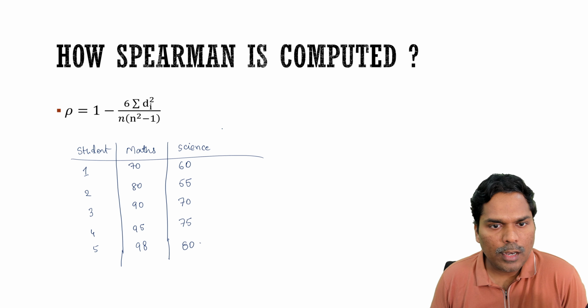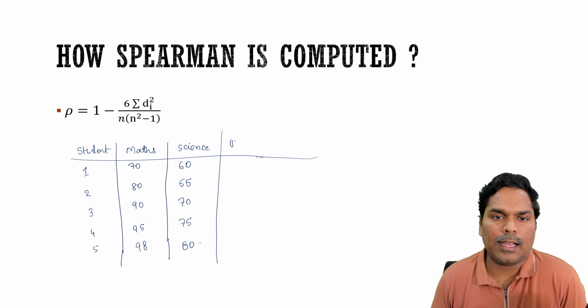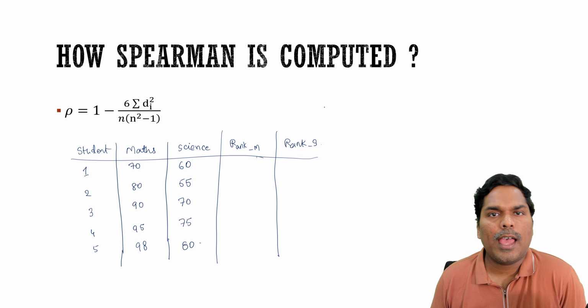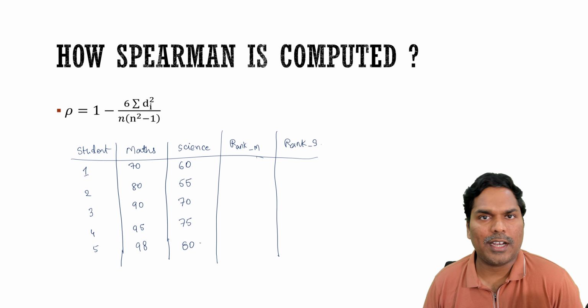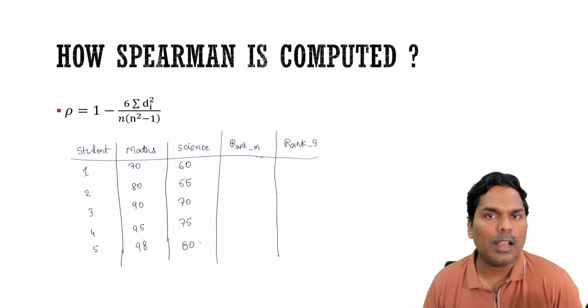Got it? Now, in Spearman's, the most important thing is rank. We are going to calculate the rank of math and the rank of science for each student. As you know, rank is basically whoever gets the highest marks, you put as 1, or whoever gets the lowest mark, you put as 1.